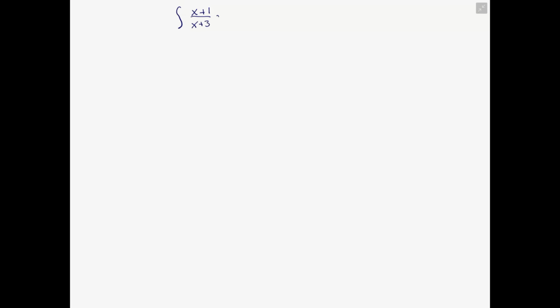Here we go. I think we've seen this problem. The integral of x plus 1 over x plus 3 dx, where we have x plus 1 divided by x plus 3, and that's 1, and we have x plus 3, and that's minus 2, so we have 1 dx minus 2 dx over x plus 3.